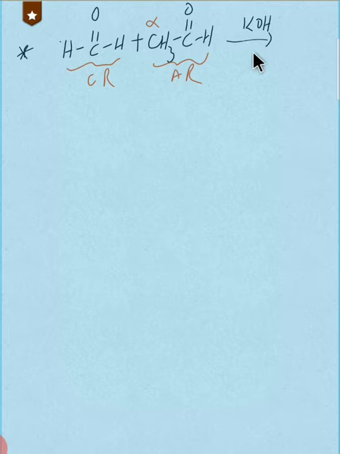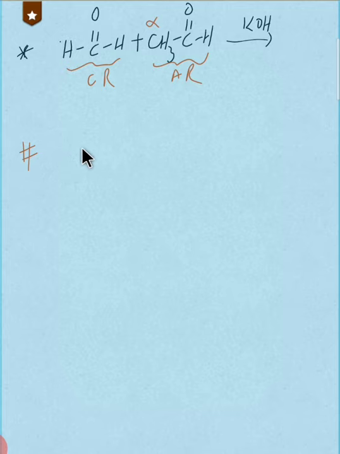So we need to form Aldol product here. Now let me give the mechanism of this reaction first, so that I can write the product correctly. I do not know the exact product, so let me write the mechanism to write the product, right?